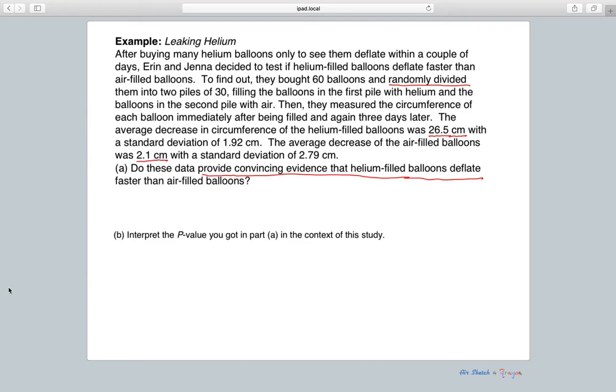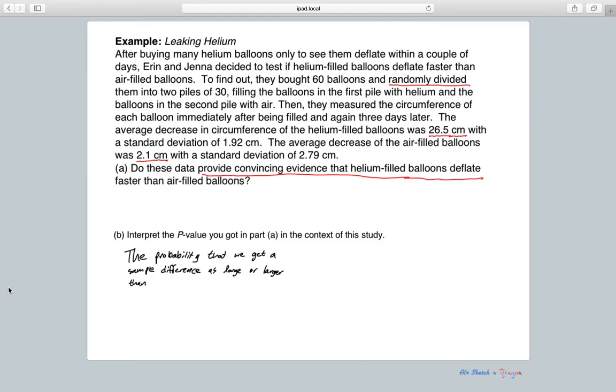So interpret the p-value that you got in part A of this study. So we just want to be really specific. That's a conditional probability, right? So all we're going to say, the probability that we get a difference as large or larger than the one we got, which was what?